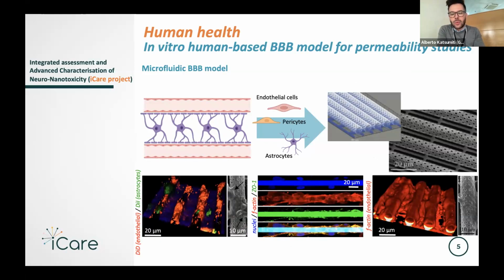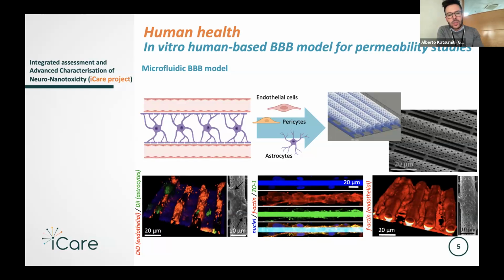This microfluidic system is a new development, as you can see here in the images. These are a little bit different from the typical microfluidic chips that we are more accustomed to seeing. In these systems, we're reproducing the veins, and we apply, for example, endothelial cells and astrocytes in the systems.